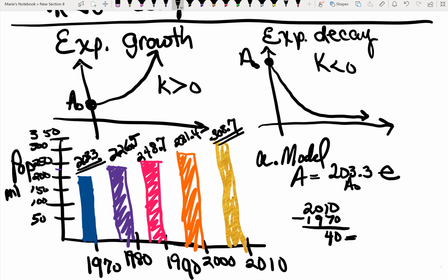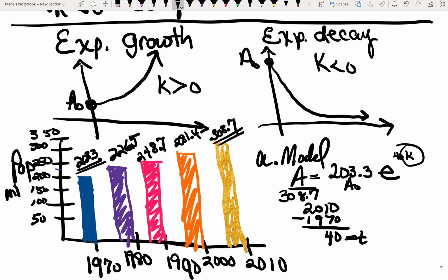So we know that that's T. And in this case, we also need to find K, so this will be 40K. And we then substitute in the values knowing that we're going to end up at 308.7 because technically this value is already known. It is 308.7, which will help us find K, which is what we want to find.